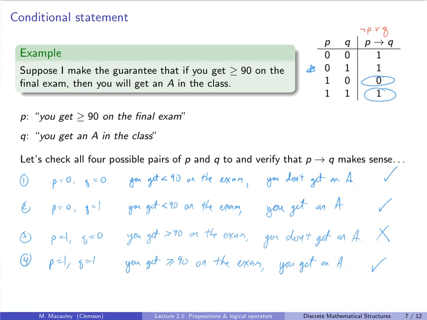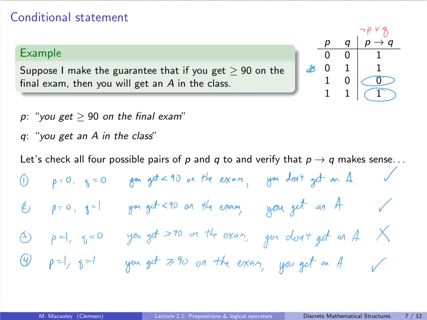So if you got less than a 90% on the final exam, then this policy did not go into play, so I did not do anything wrong. Or if you get an A in the class, in which case I did not break this promise either.